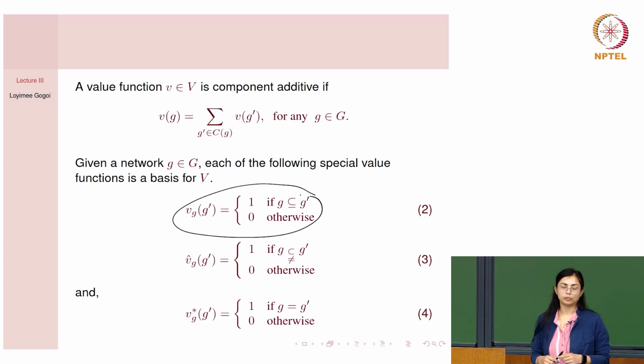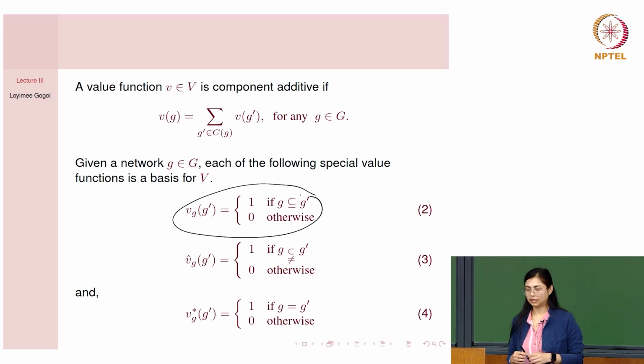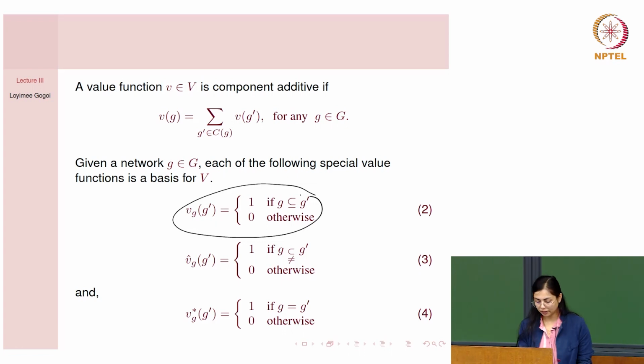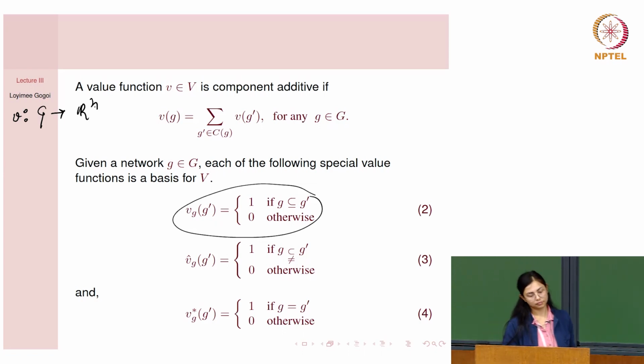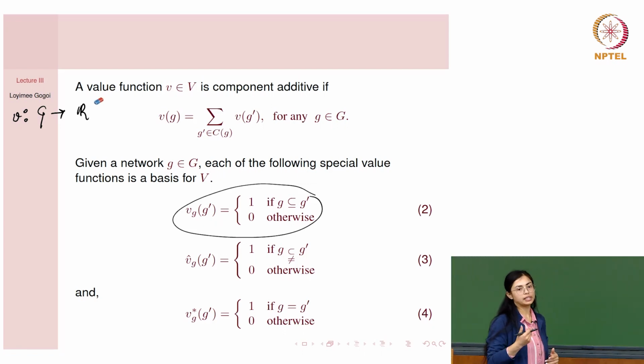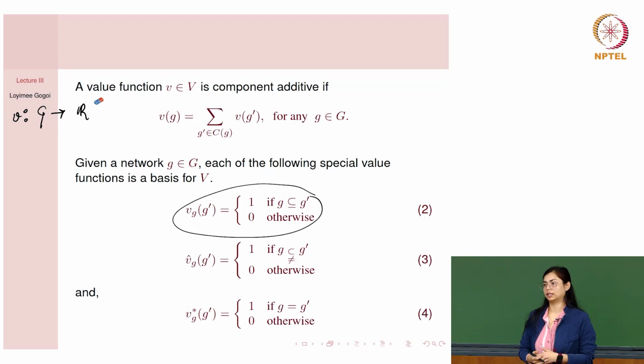But what is the domain here? How do we define V? V is a function for all the networks. Either V is component additive or not component additive.